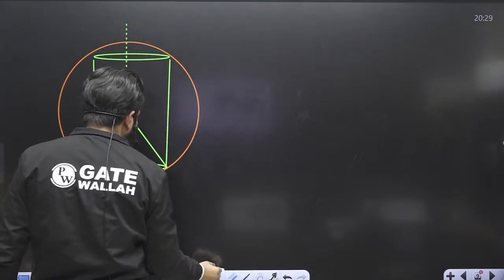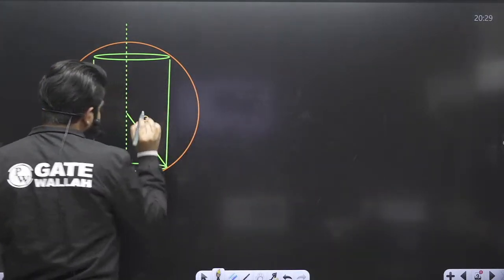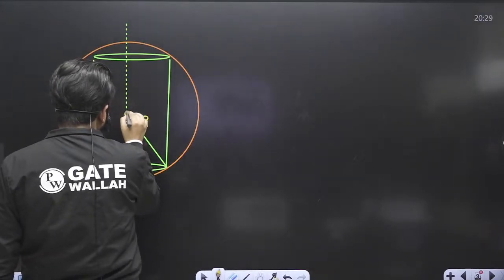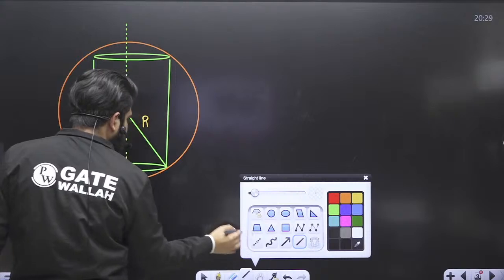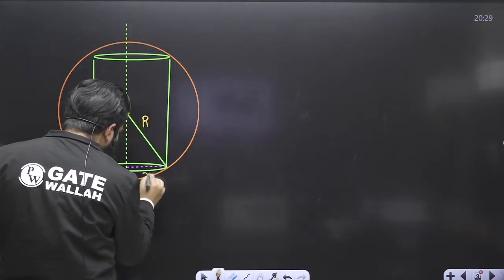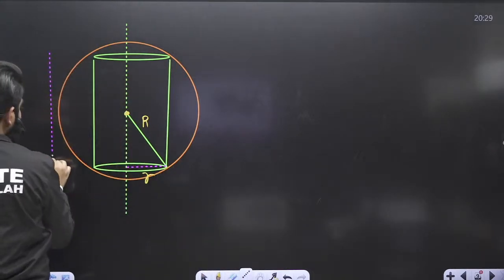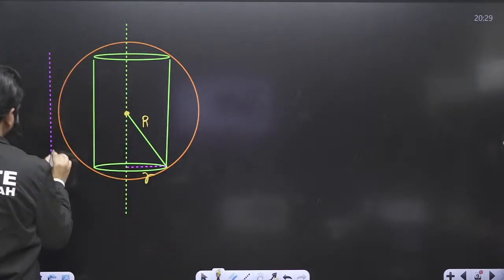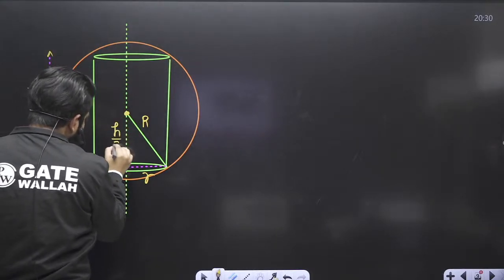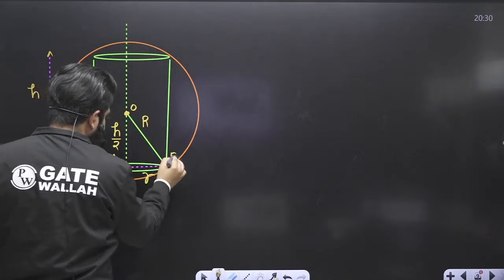This will be the radius, R, radius of the sphere. Radius of the sphere is mentioned as 1 meter. So this value is 1 meter. What about this? This is the radius of the cylinder, small r. And if the complete height I consider as h, this value will become h by 2. Okay, I'll call this triangle OAB.